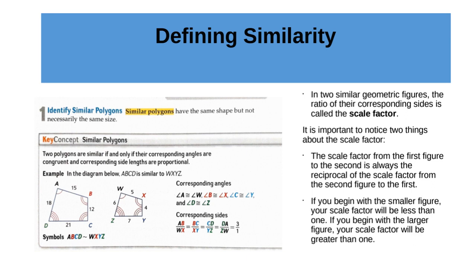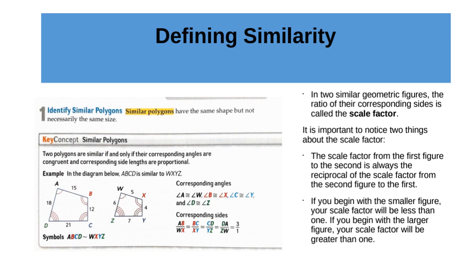And we also should know that if you begin with the smaller figure, your scale factor will be less than 1. And if you begin with the larger figure, your scale factor will be greater than 1.